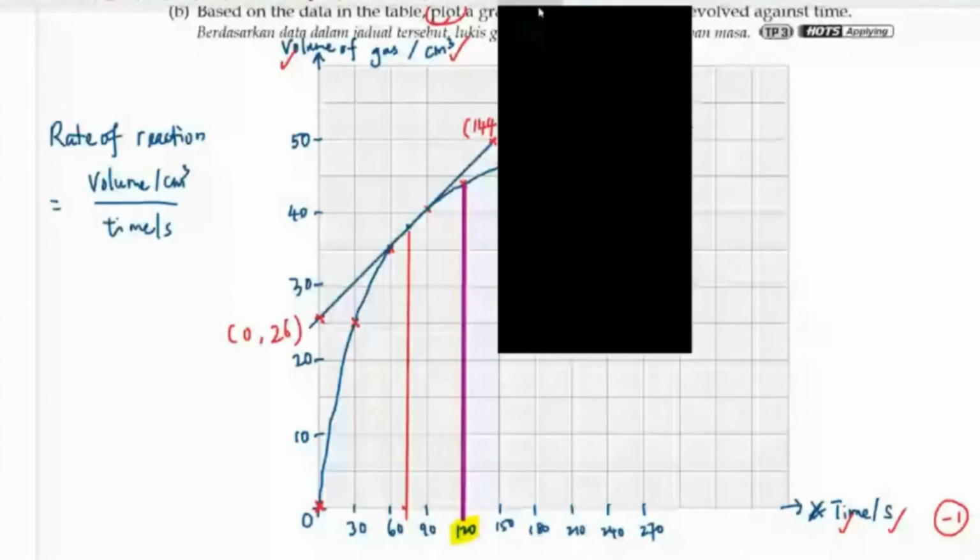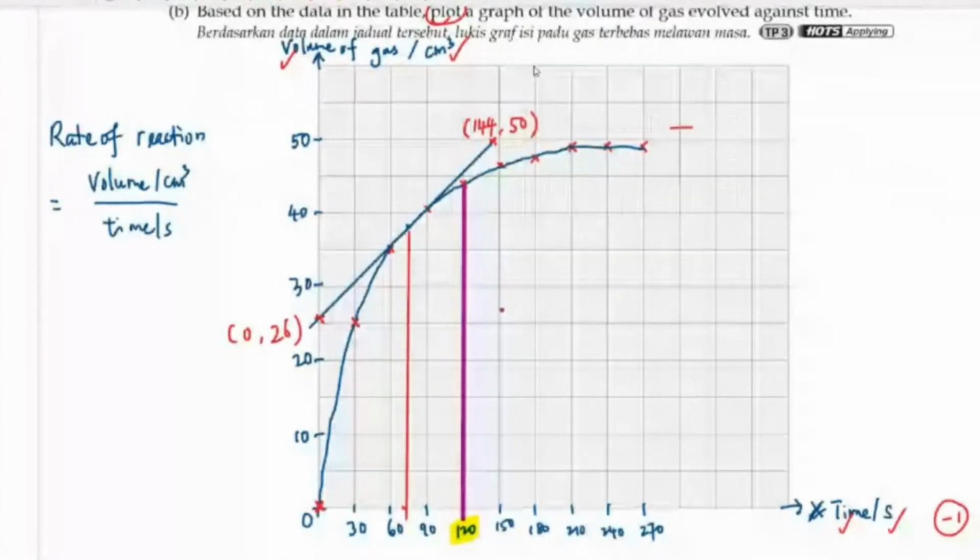You extend it, it's up to you. Here. No good. So no good.